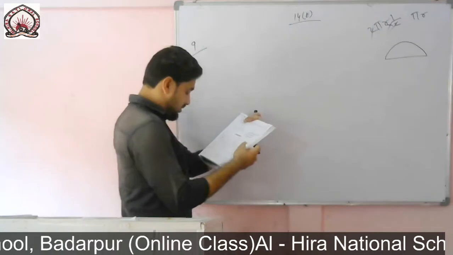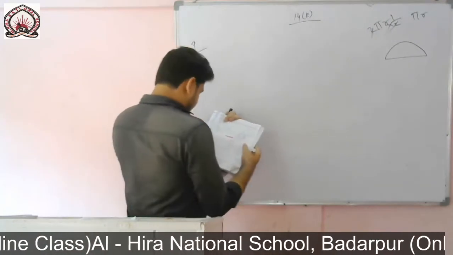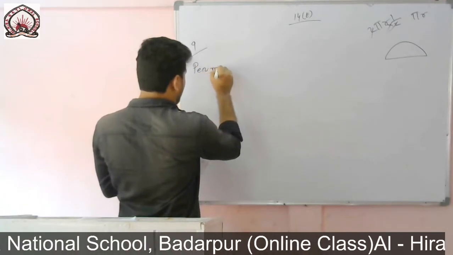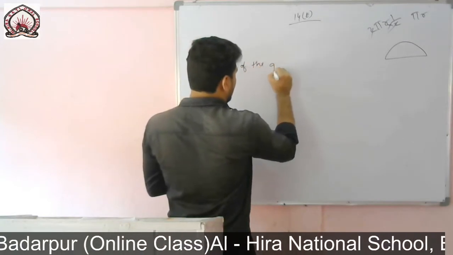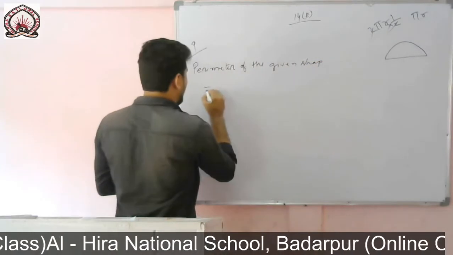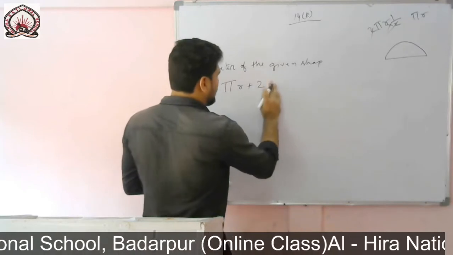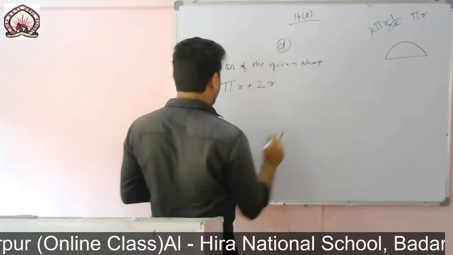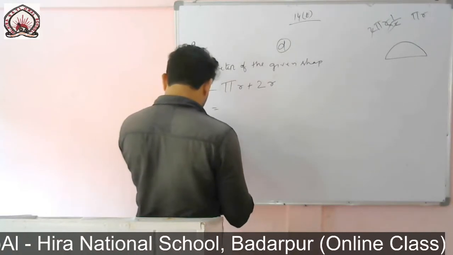So write the perimeter of the given shape will be pi r plus 2r, or directly you can write d also.